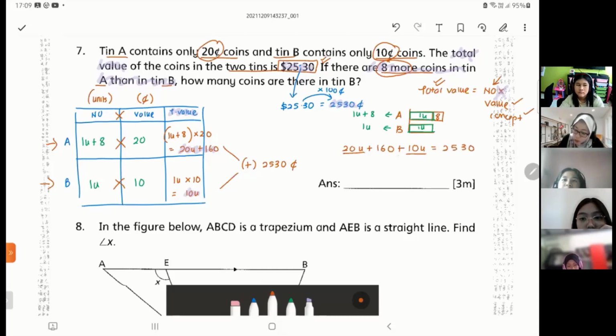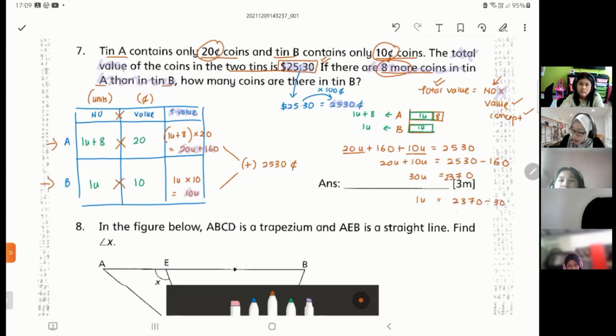Group up all the units to one side. 20 units plus 10 units equals, and then I take away the 160. Okay, 30 units equals 2370, and then 1 unit is 2370 divided by 30. I get 79. Now, how many coins are there in tin B?